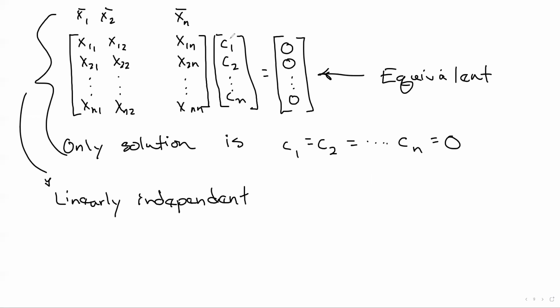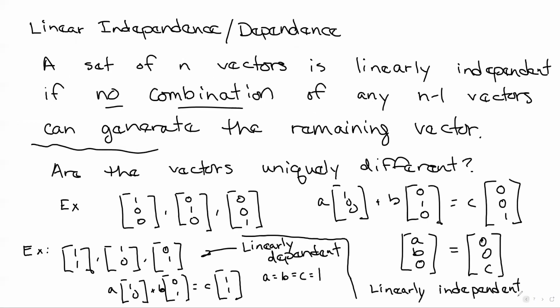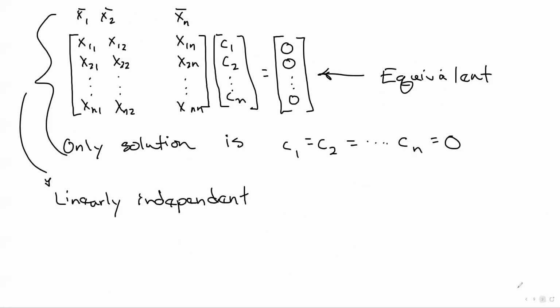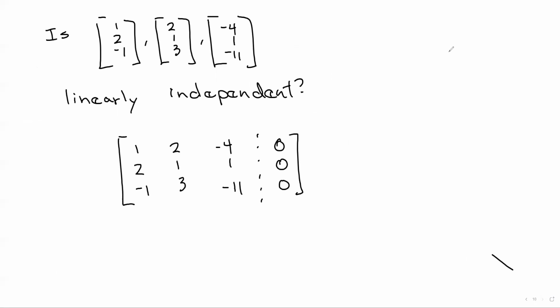Instead of writing this and then equals zeros, you take the coefficients, then a dashed line for the equal sign, and then the numbers on the other side. You can just get rid of the equals and put a dashed line in place of it.